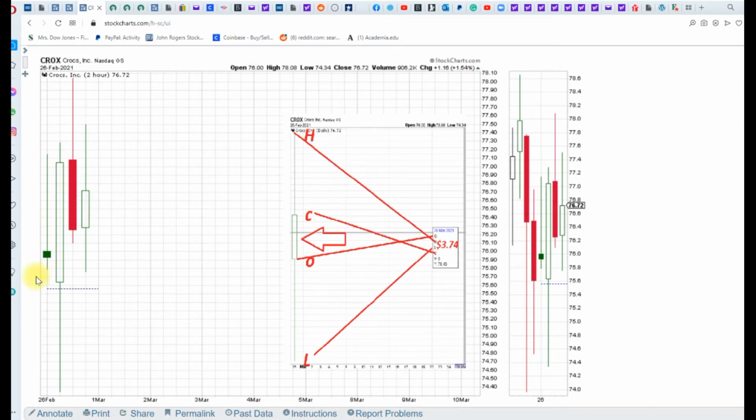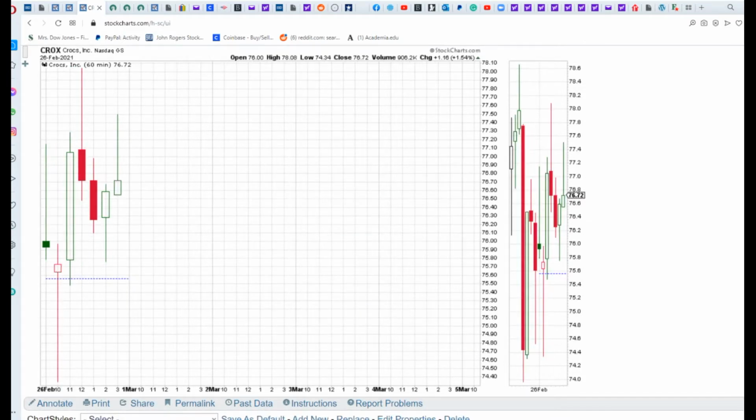So we have here 2 hours, and this is what it did, up and down, one red, and the next one it opened higher, so it's a green one. It's a green, but the price doesn't change. So you can trade in here, and you can see that there was more price movement than what we actually have during the whole day when we measure from day to day the open and the close.